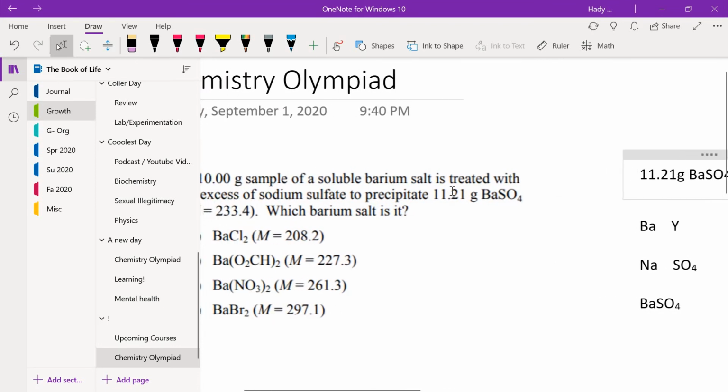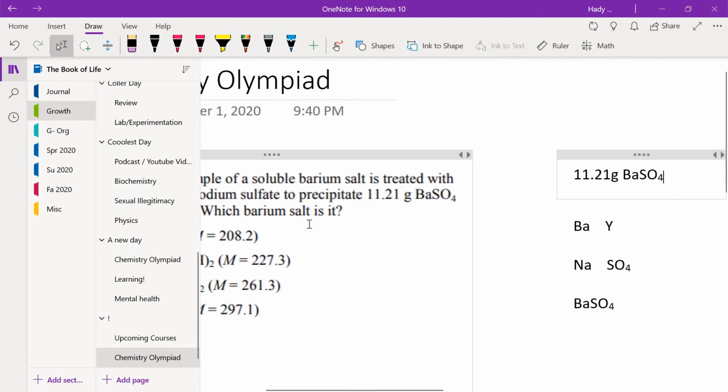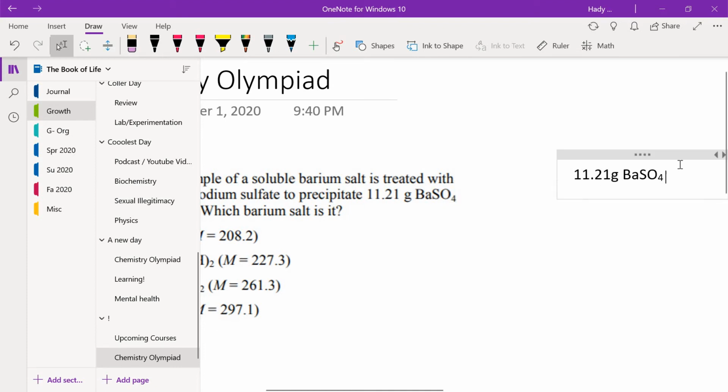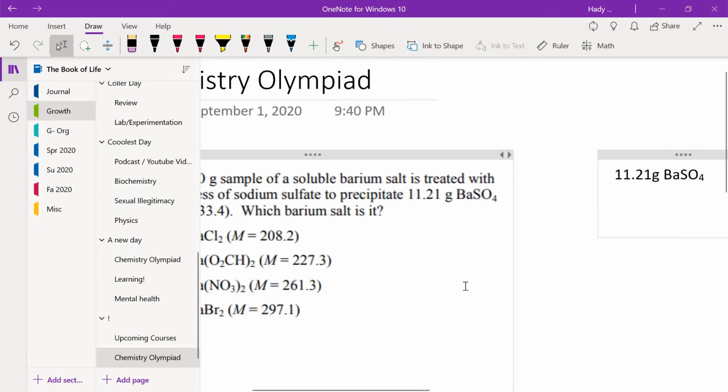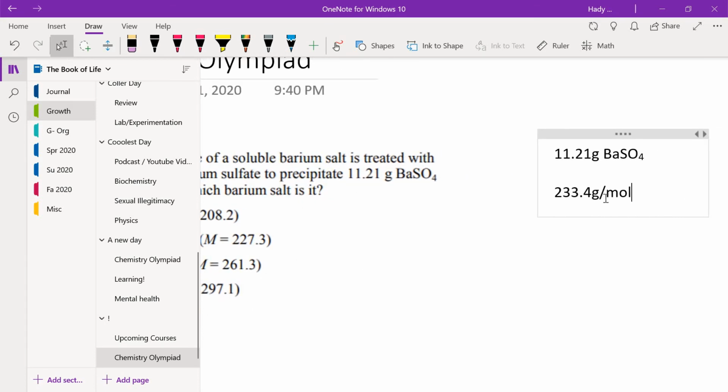We know the molar mass is 233.4. So that means there are 233.4 grams of barium sulfate per mole of it. Okay?